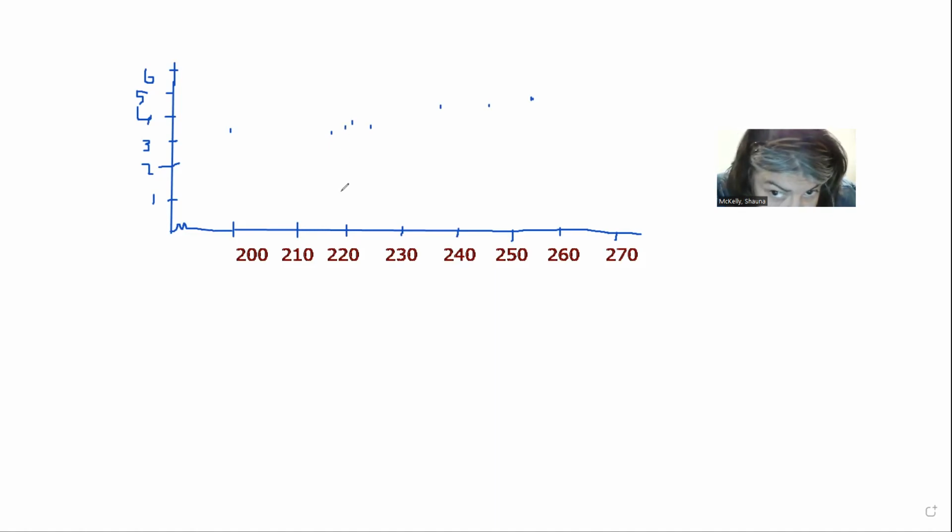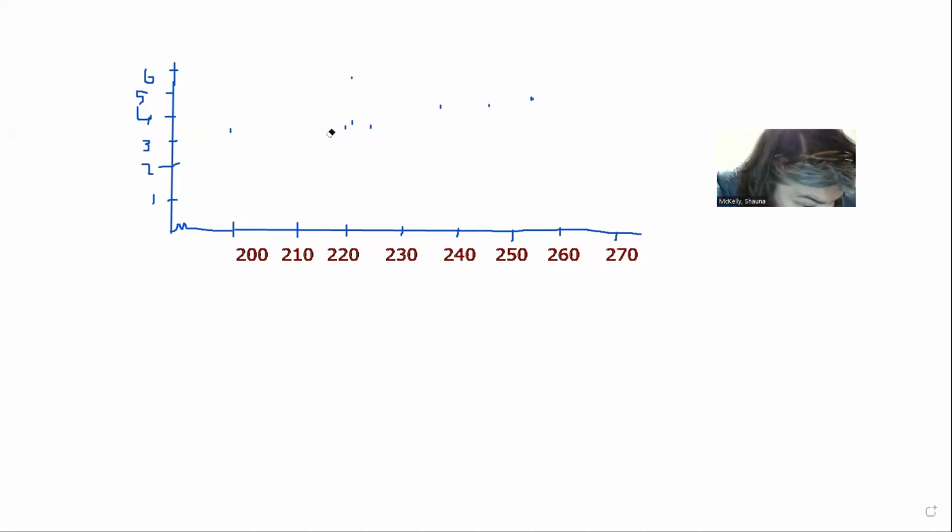Okay. And then we have 222.6 and 5.59, which is somewhere way up here. This is my outlier right here. This is actually pretty much on the same line as my other data. This is my data.